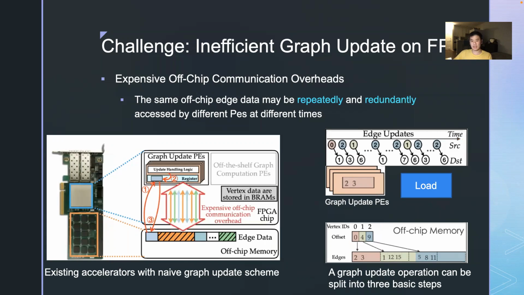Second, the to-be-updated edge is then inserted into or deleted from the loaded edge array, which is finally written back to the off-chip memory. In the real world, there are often a large number of updates applied. The off-chip edge data may be repeatedly and redundantly accessed by each separate PE, thus resulting in expensive off-chip communication overheads.